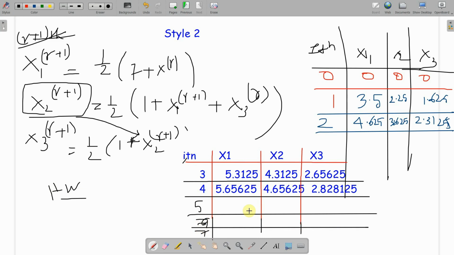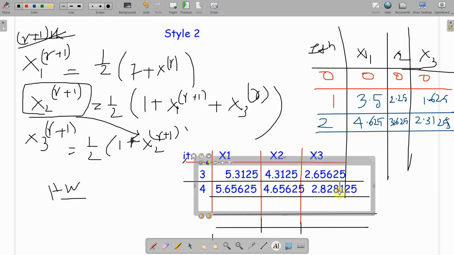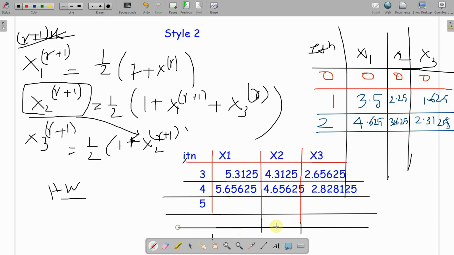Up to the 7th iteration, do it and let me know the result. What will be the result in the fifth iteration? Then in the 6th, then in the 7th.